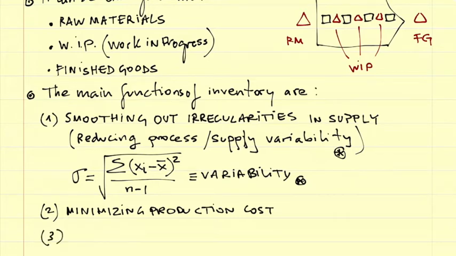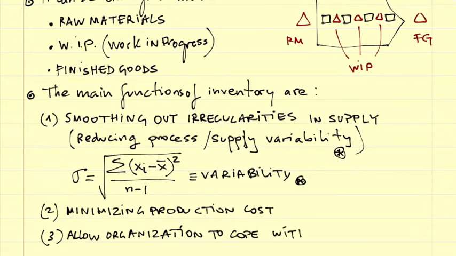And the third is allowing the organization to cope with perishable materials.